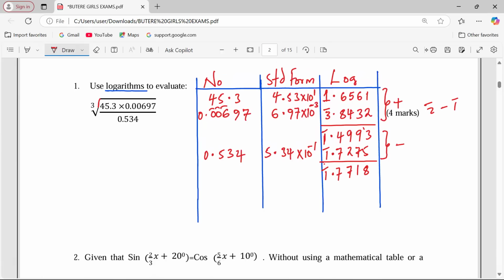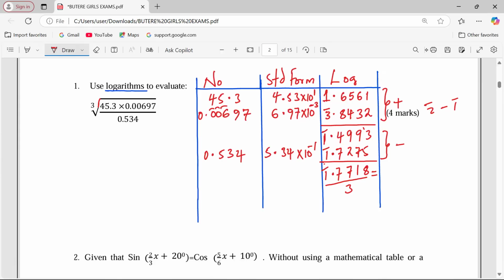Now look at it this way. We're supposed to divide this by 3. So I'm going to take it now to my right-hand side so that I may solve it there. Remember, the characteristic part is the whole number part. It should not have a decimal. So when we look at -1 and we are dividing it by 3, it is not directly divisible by 3. It will give us decimals.